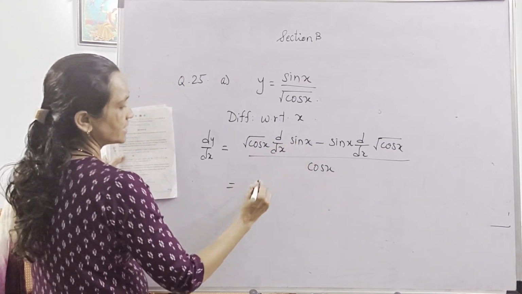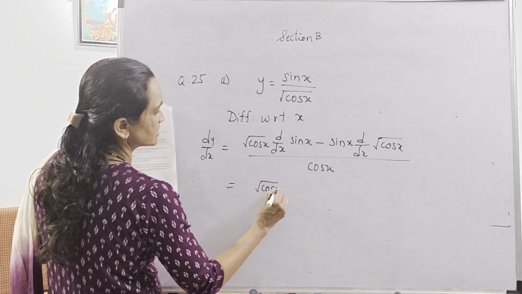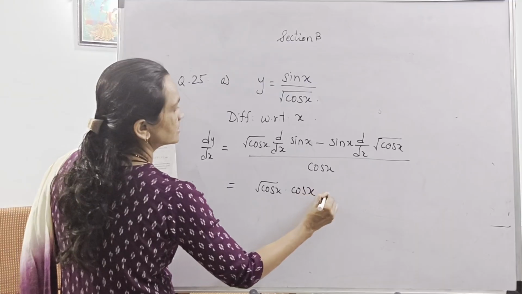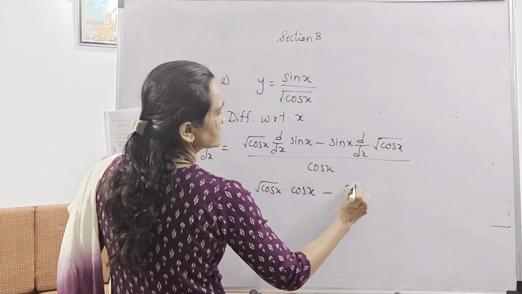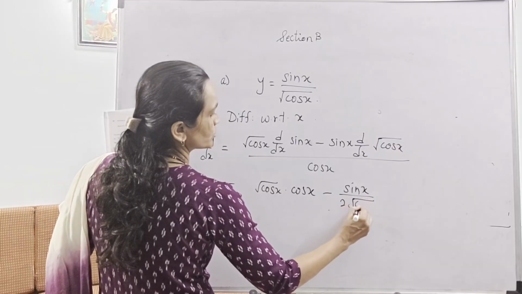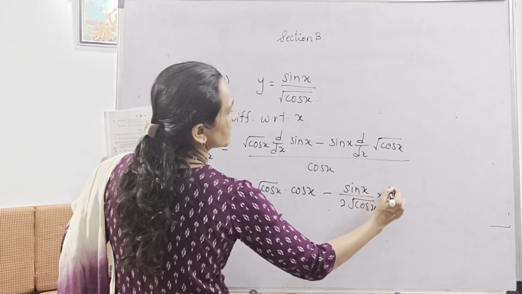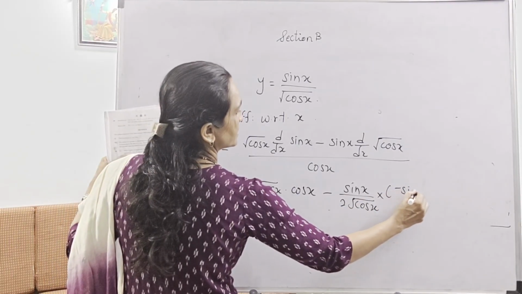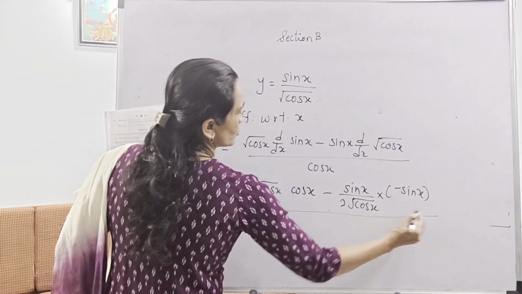So the derivative of sin x is cos x. So cos x into cos x, minus sin x, and the derivative of root x is 1 upon 2 root x. So root cos x will be here, into the derivative of cos x, which is minus sin x.